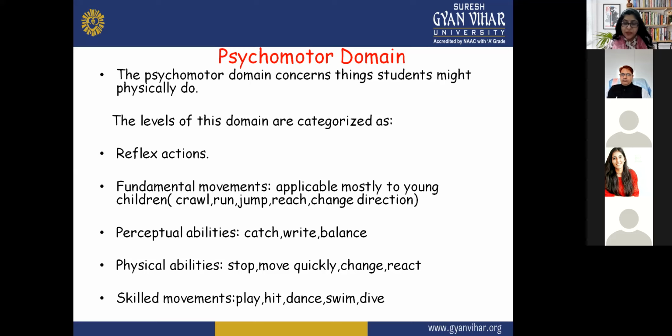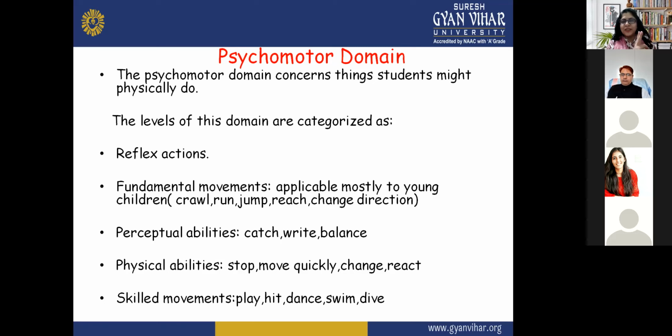Just tell me, students, if a child is writing good poems, which domain will it cover? Skill movement. Please repeat your answer, Vishnu. It will come under skill movement in the psychomotor domain. Okay, writing, but is he not using his brain for writing the poem?